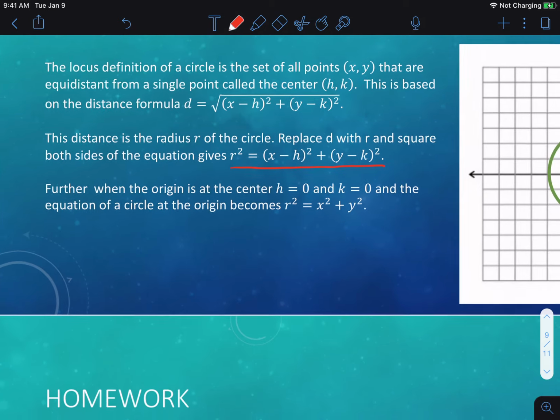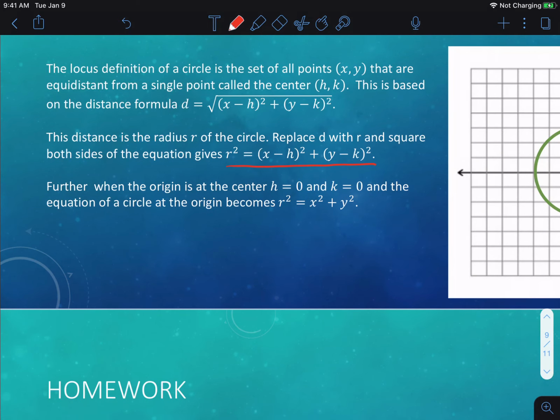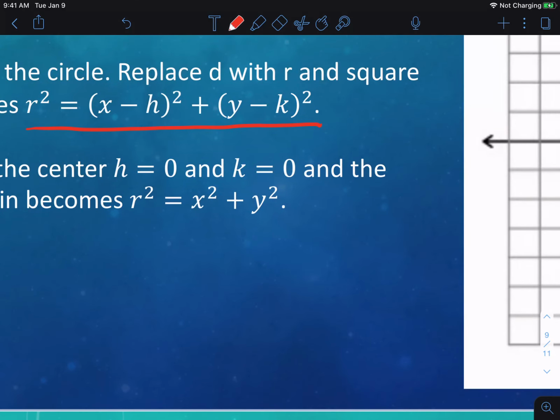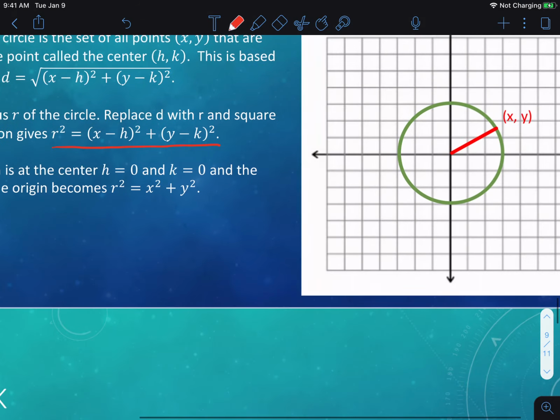Now, finally, if we're talking about the center being the origin, then h and k are 0, 0. So x minus h is just simply going to be x squared. And so now we're down to, if the center of the circle is at the origin, then we're looking at r squared is equal to x squared plus y squared.